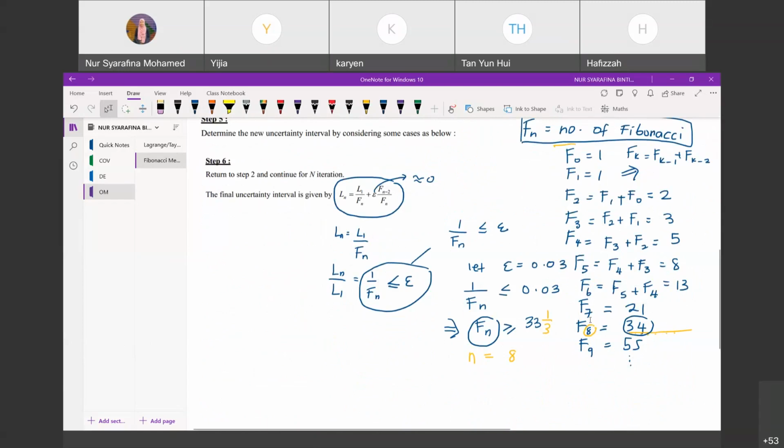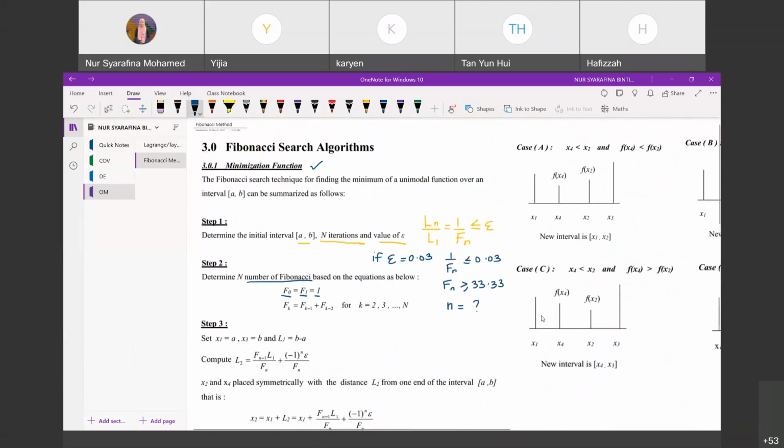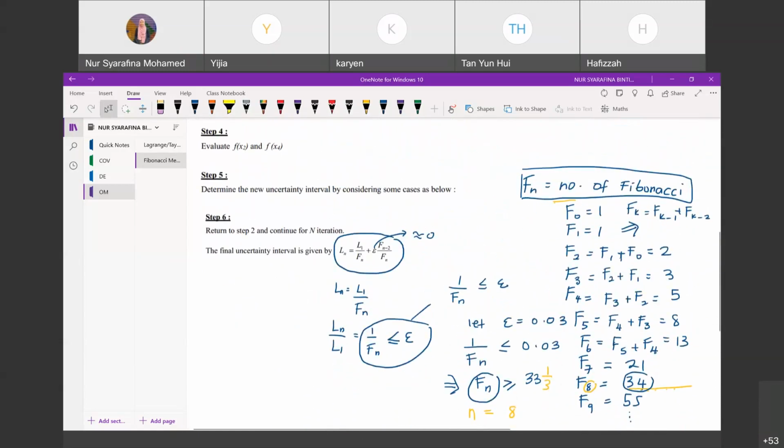As you can see from the analogy that I have explained earlier, you want to identify the optimum solution, right? If it is maximum or minimum, you reduce the interval. The smaller the interval will give you the optimum solution. So as you can see from here, the number of iterations is defined by the number of Fibonacci.